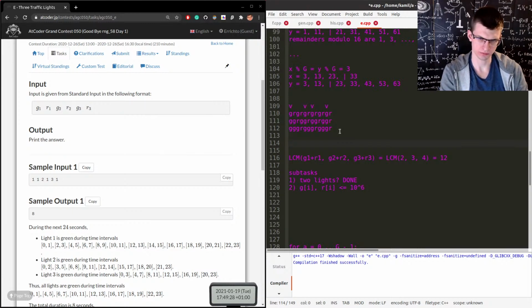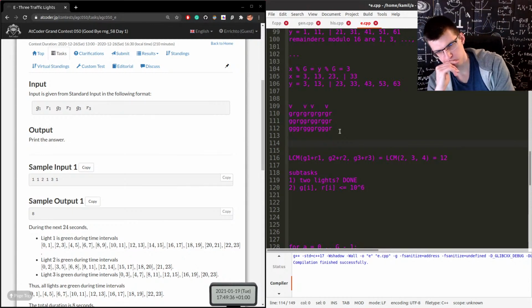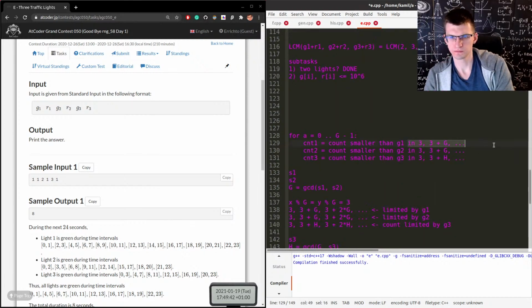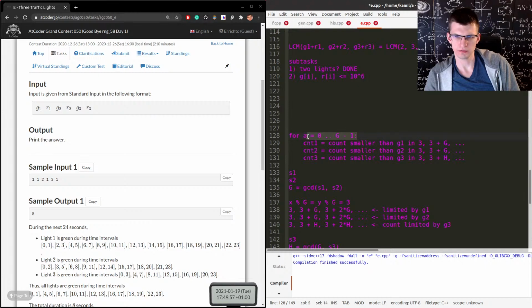Modulo 2, and then we have modulo 3. Here, do we write down numbers up to S1? Yes, we do. G is 1.